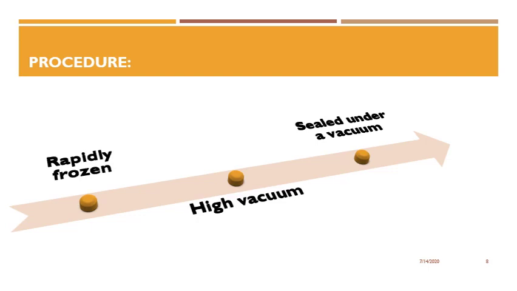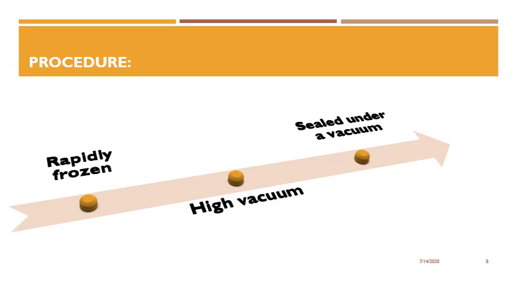Then they are subjected to a high vacuum to remove all the water while our specimen is in the frozen state, and then finally we seal our specimen under the vacuum.